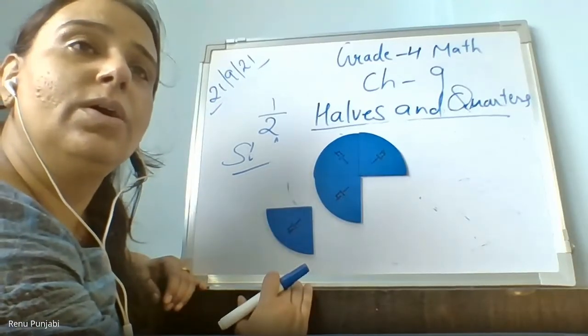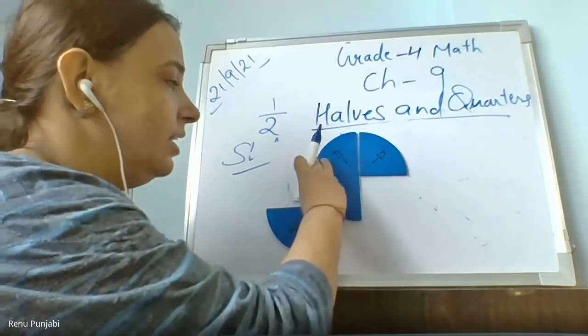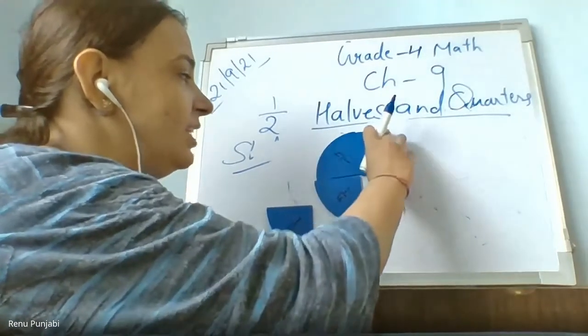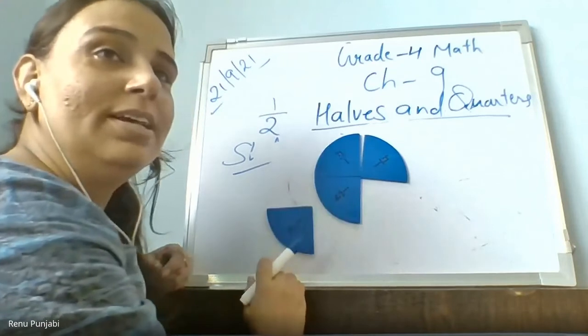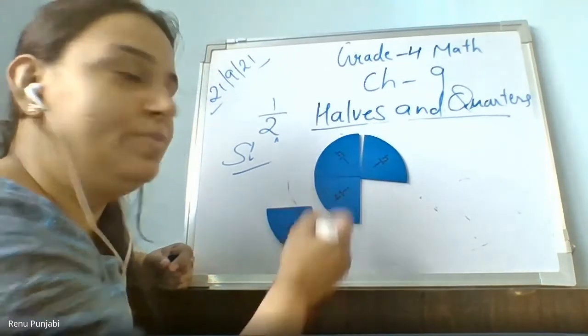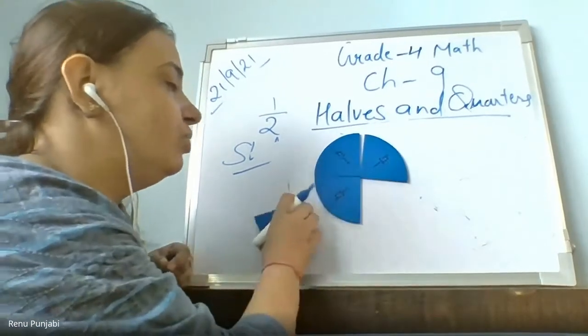No, ma'am. Why not? Because half is equal parts and it is not equal. Equally divided, then only each part is the 1/4. Yes, ma'am. Now I understand. Then only each part is 1/4 because it is equally divided into the 4 parts.